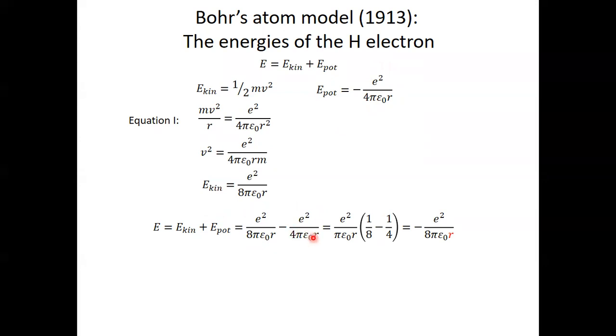We can factor out e squared over pi epsilon 0 r, and that factor is then multiplied with 1/8 minus a quarter. 1/8 minus a quarter is just minus 1/8. Therefore the result is minus e squared over 8 pi epsilon 0 r. You see that this energy is overall a negative energy, and that is because it can be understood as a binding energy.